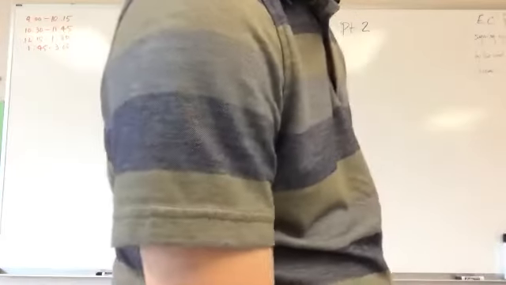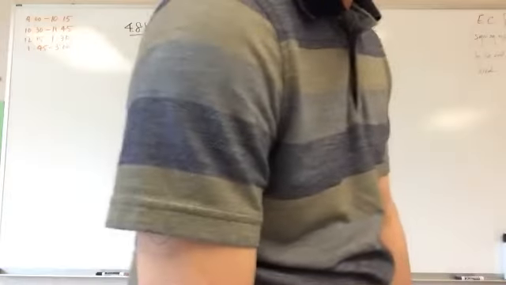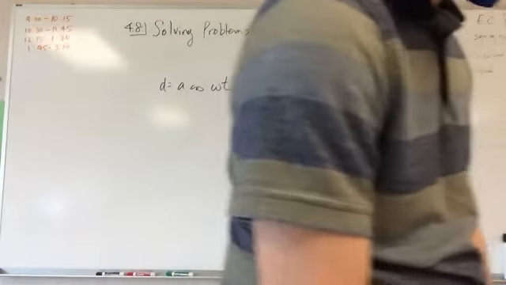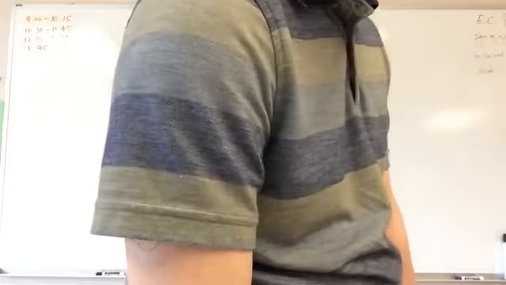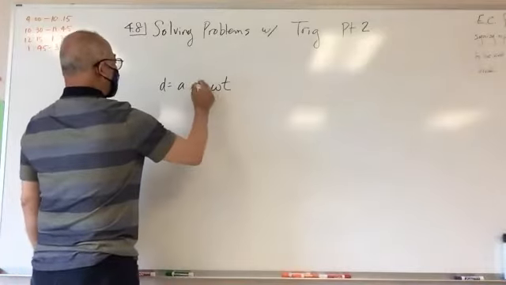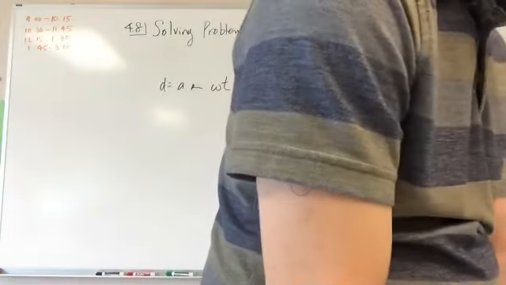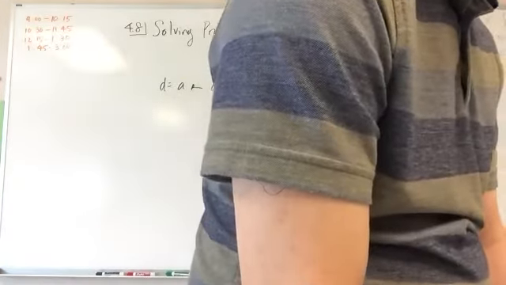A point moving on a number line is in simple harmonic motion if its directed distance d from the origin is given by either this guy here or this guy here, cosine or sine omega t, where a and omega are real numbers, omega is greater than 0.